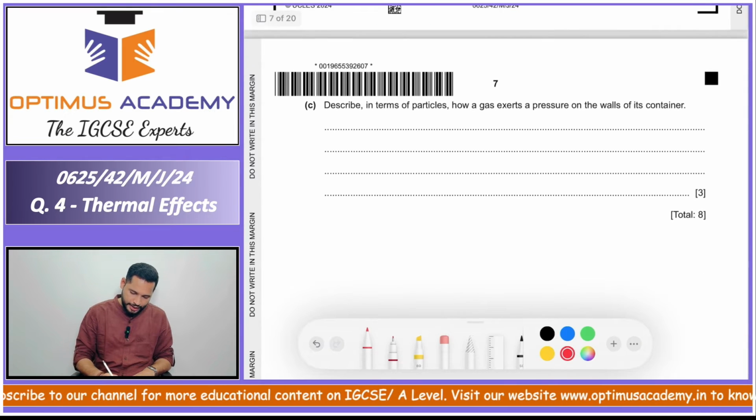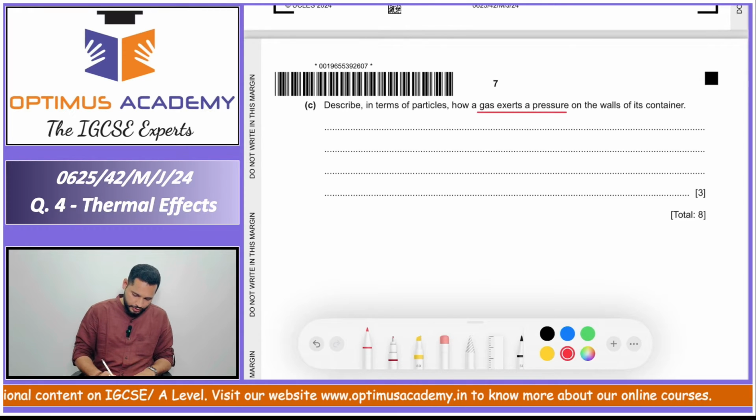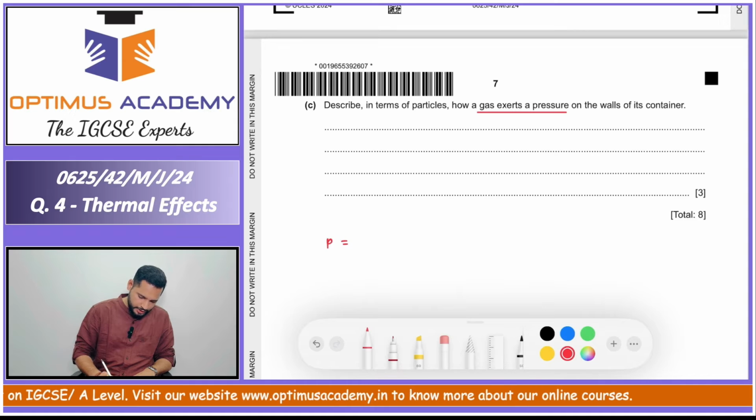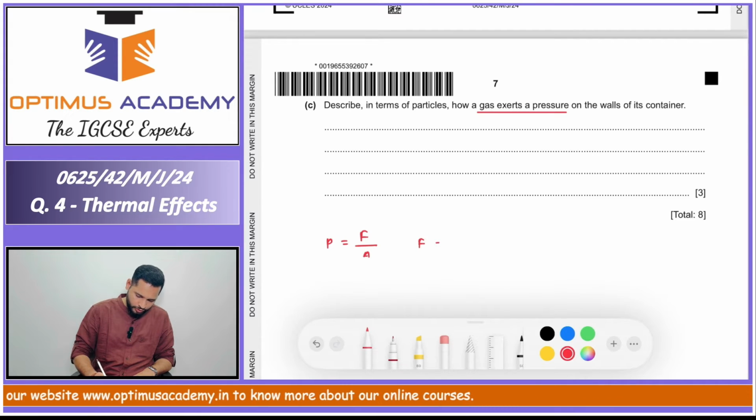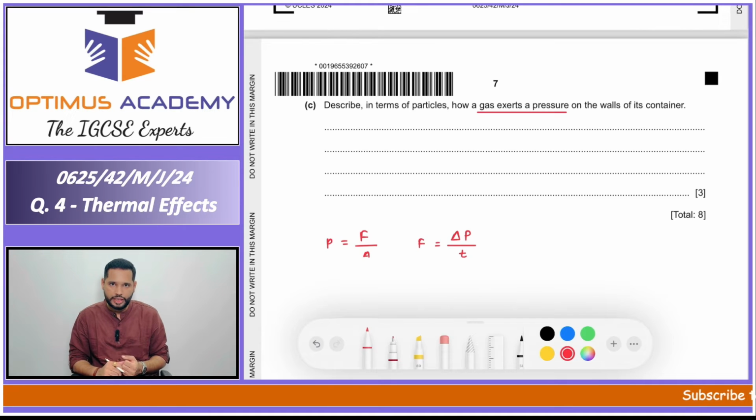Question C, describe in terms of particles how a gas exerts pressure on the walls of the container. We know the formula for pressure, it is force per unit area, and we also know the formula for force, it is change in momentum of the particles upon time. So we have to write the answer in terms of change in motion of the gaseous particles and how this motion causes force which leads to pressure on the walls of the container.